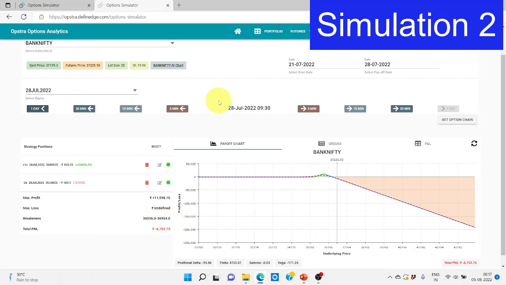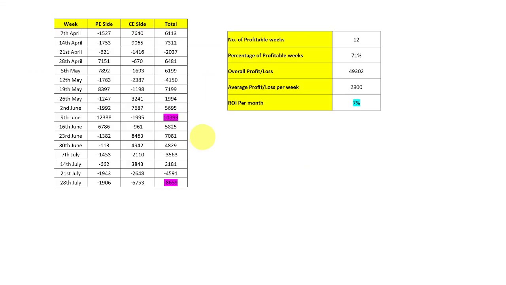So a 1,500 buffer is a very good thing, at least for now, from the manual testing that we saw over the 17 weeks. But here the buffer is only 1,000, and the market has moved to 37,200, which is 1,200 points, so we are facing a loss. You can see that we have made a loss of around 8,600.